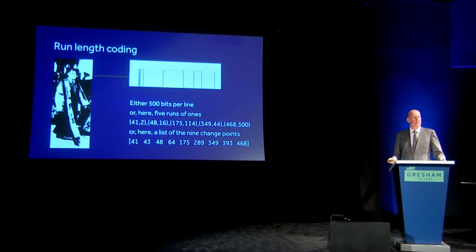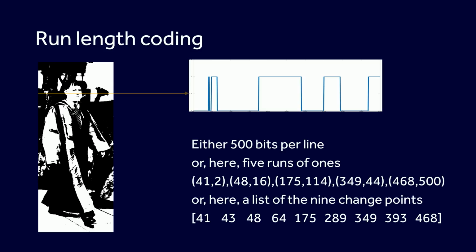It's not the only way you can code runs. You could equally well code it by change points, if you like. But the idea here is that you can get very significant compression when you've got data that is very similar or identical to each other. Now, I've picked binary images, but this idea of runs comes up quite a lot, and a set of compressors I'm not talking about very much in this lecture, the LZ compressors, stands for Lempel and Ziv.